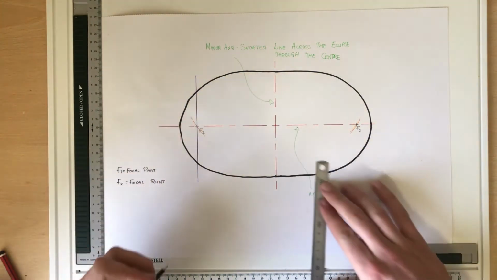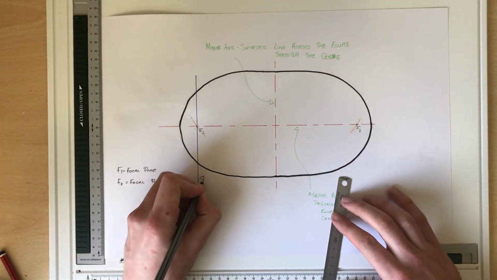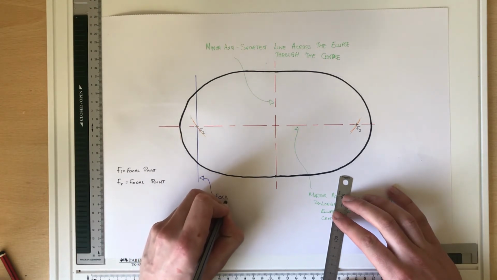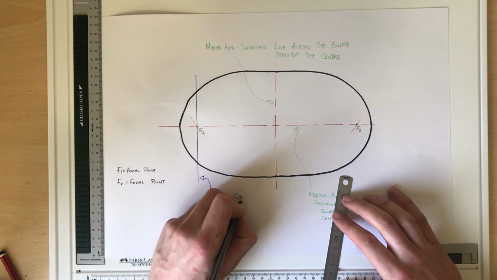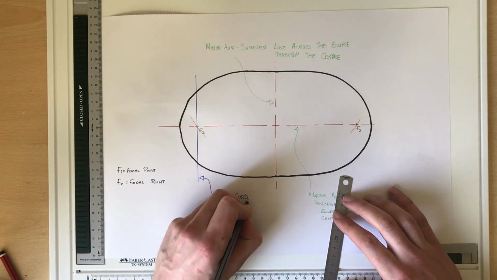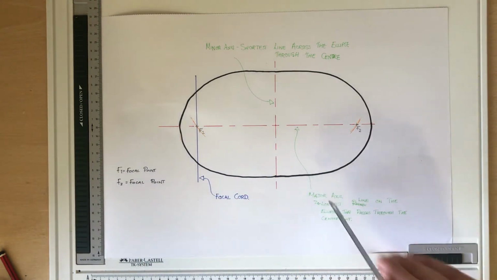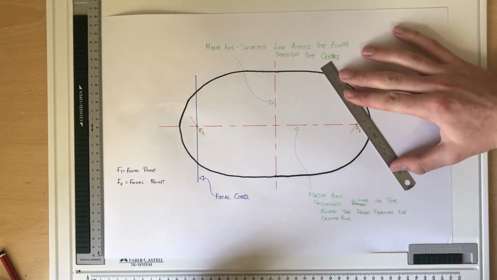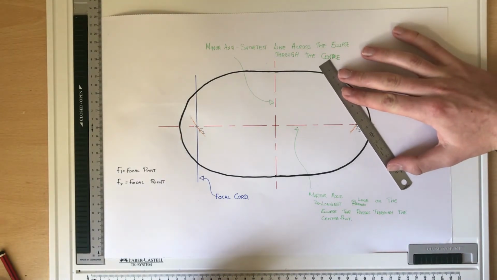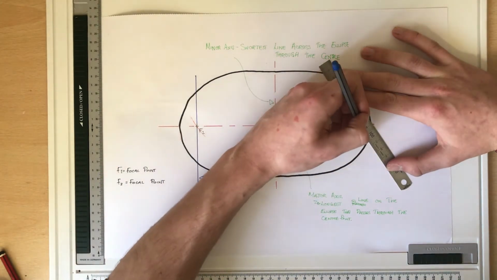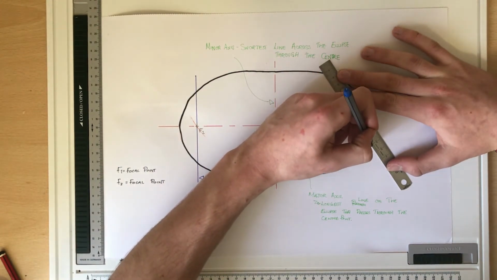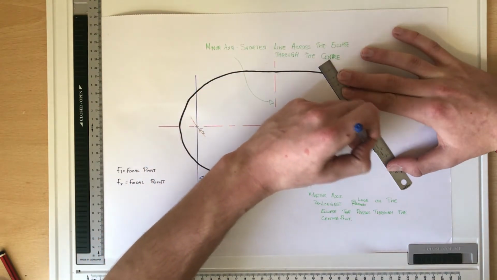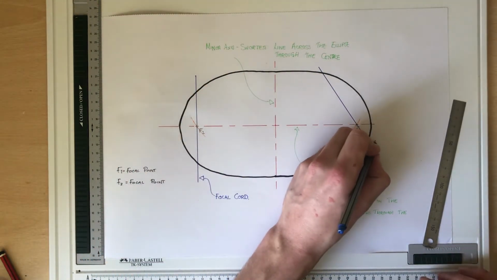So this blue line is a focal chord. Okay, and similarly, a line going through F2 at any angle once it passes through the focal point is also a focal chord.